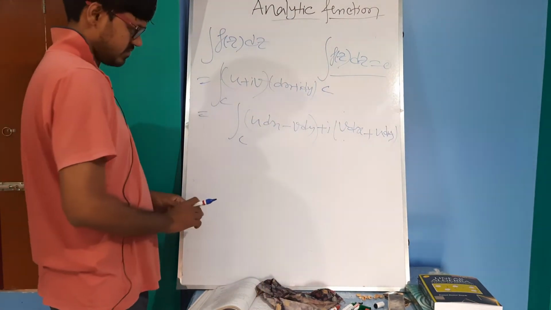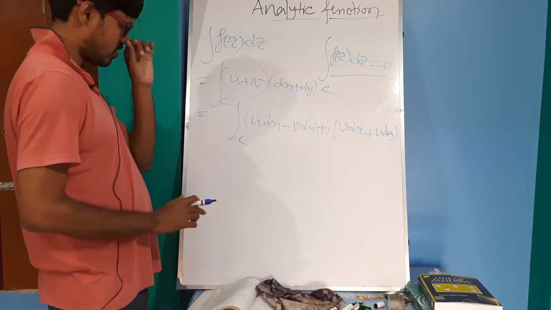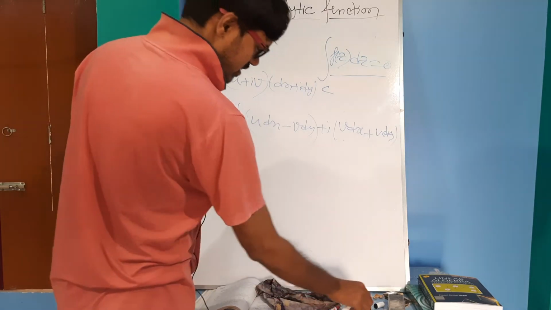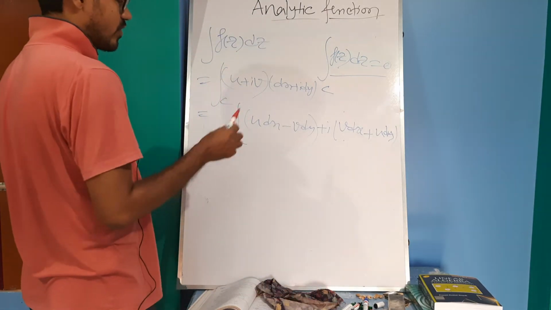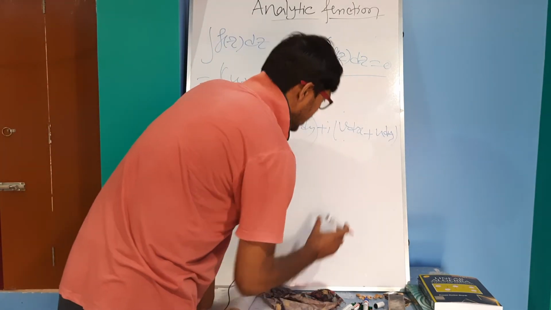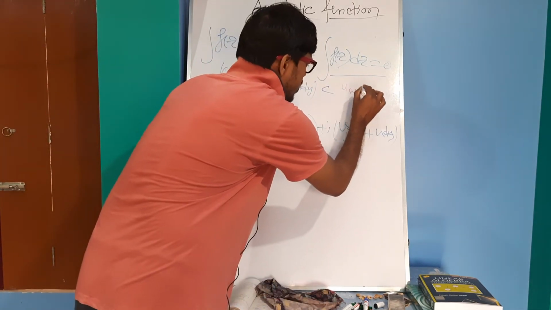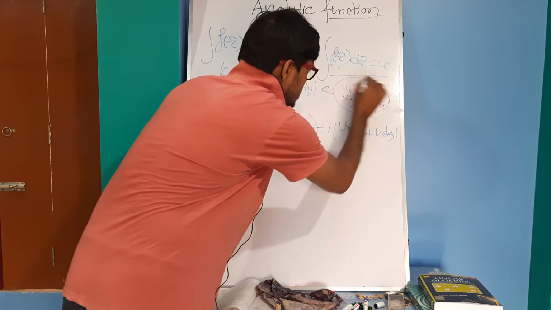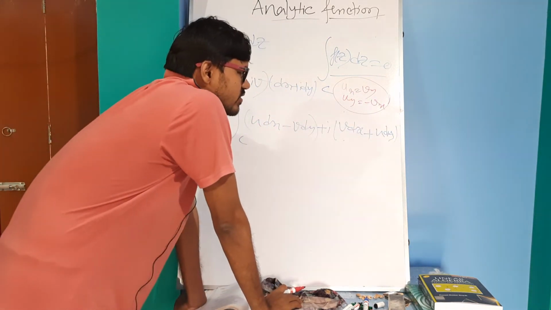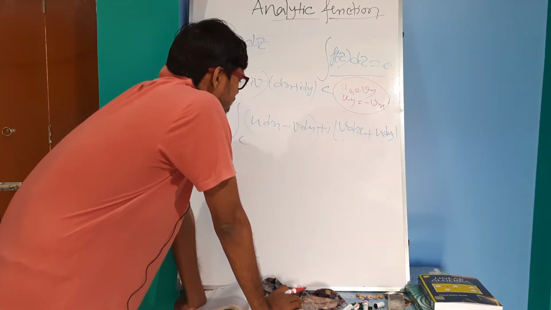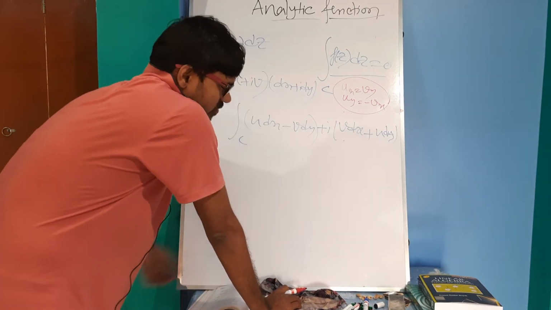Now we have to use Green's theorem to find the Cauchy-Riemann equations. And what are these Cauchy-Riemann equations? ux equal to vy and uy equal to minus vx, the partial derivatives of u and v with respect to x and y.